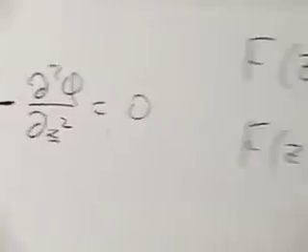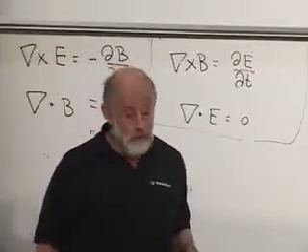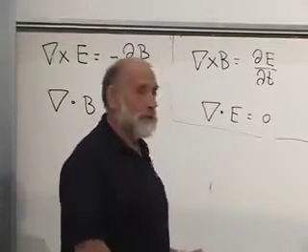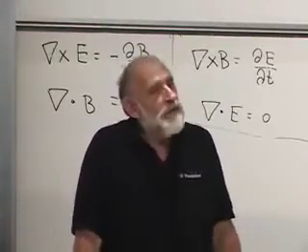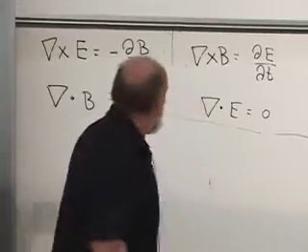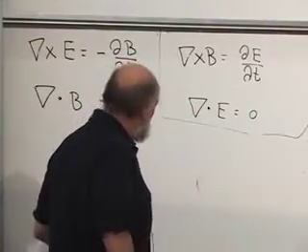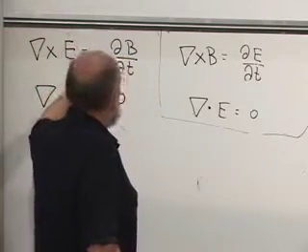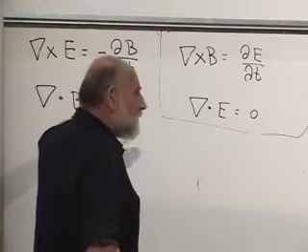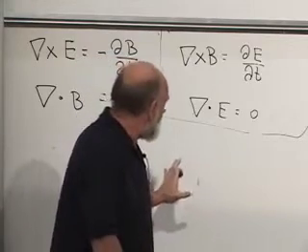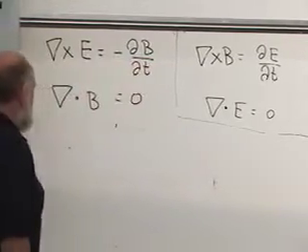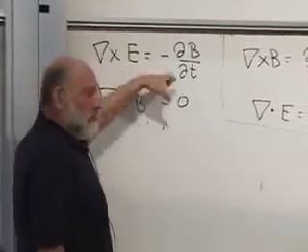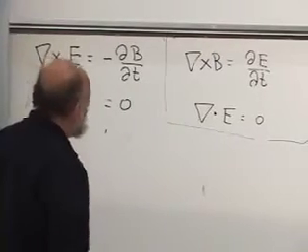Maxwell's equations all have only first derivatives, but they have two distinct fields, E and B. These are called first order equations because they only have first derivatives, but we have first order equations for E and first order equations for B, two variables. We're going to find out that that's equivalent to having second order equations for either the electric field or the magnetic field separately. This is not hard to do.